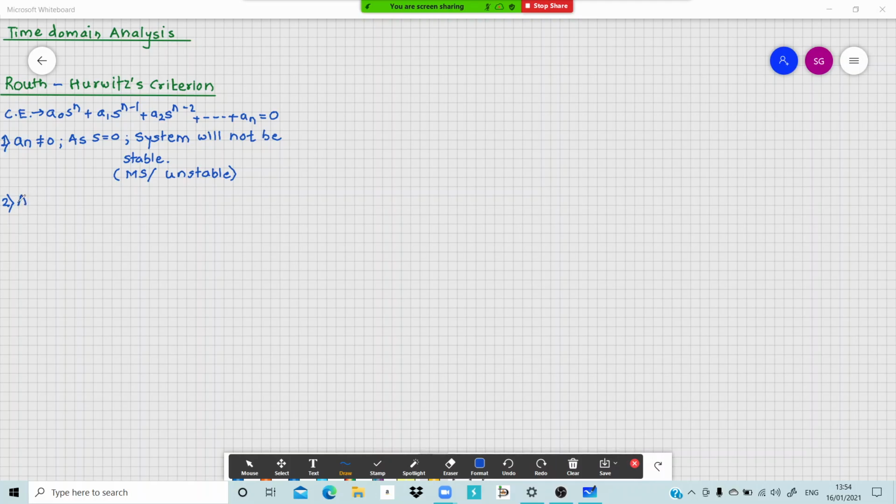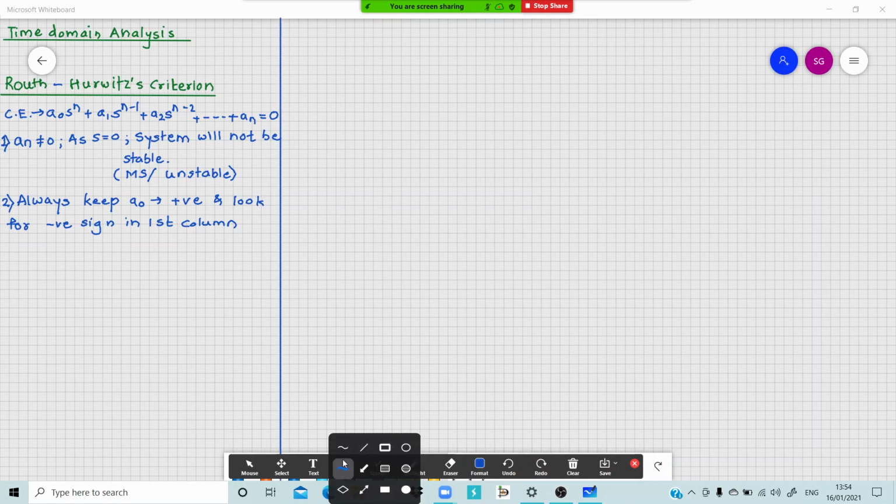So always keep a naught positive and look for negative sign or negative term in the first column. Okay, so these are the two conditions for starting with the stability using this Routh-Hurwitz criteria.